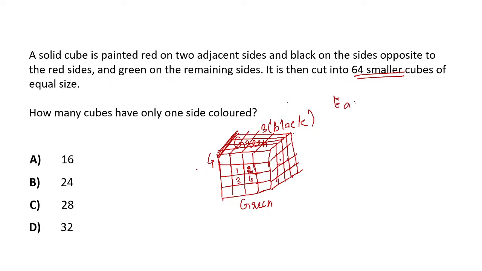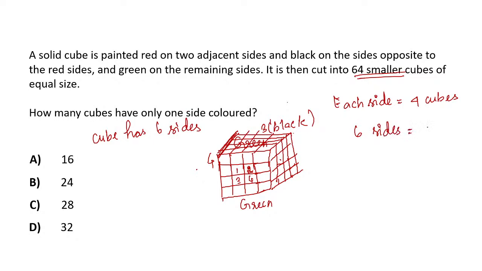So in each side we have 4 cubes which are only one side colored. How many sides are there in a cube? A cube has 6 sides, right? 6 surfaces. So for 6 sides, how many cubes will be one side painted? 4 into 6, 24 cubes. So the answer is 24.